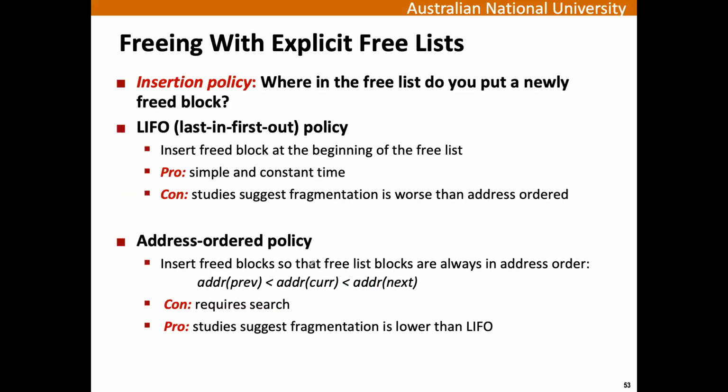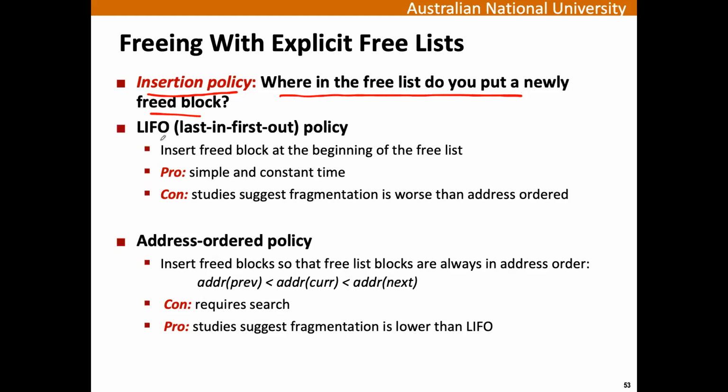Okay, but now we need an insertion policy. When we free a block, in the implicit free list it was pretty simple. Everything stays where it is, and you just use the sizes to split or coalesce blocks. But now we need to know where we can insert a newly freed block.